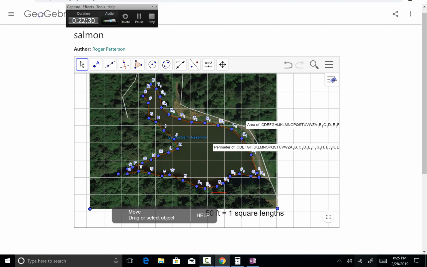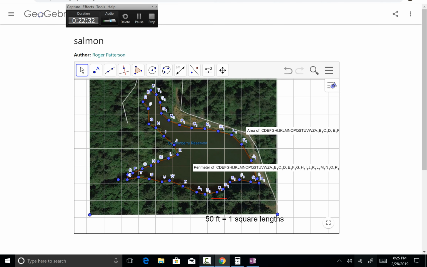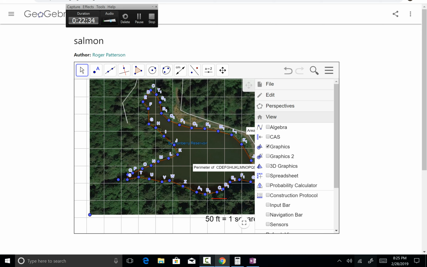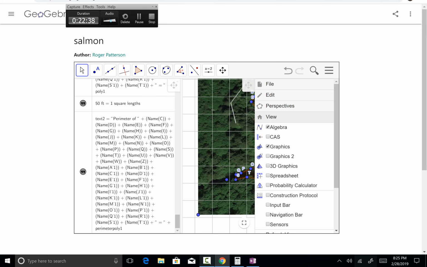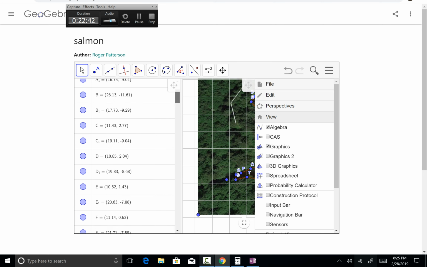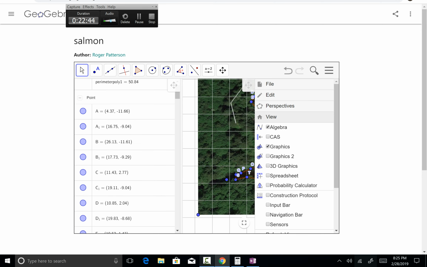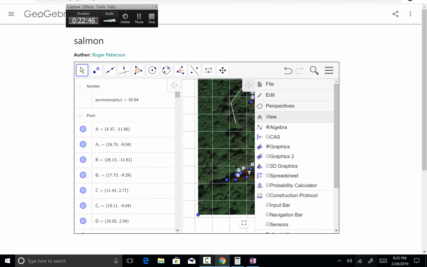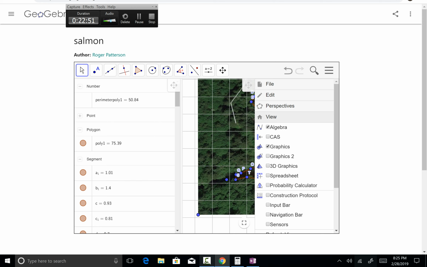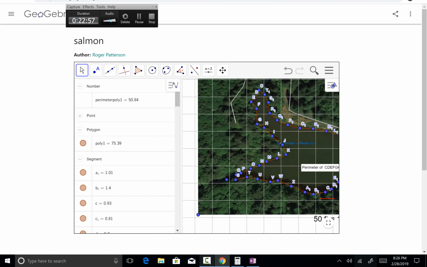I'll cheat again. 50 feet equals 1 square unit. Let's see what we got for perimeter. There it is, 50.84. So area, we think, is 75.39, and perimeter is about 50.84.